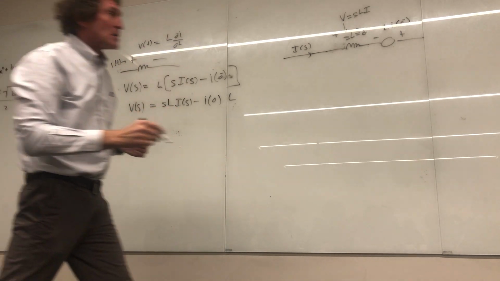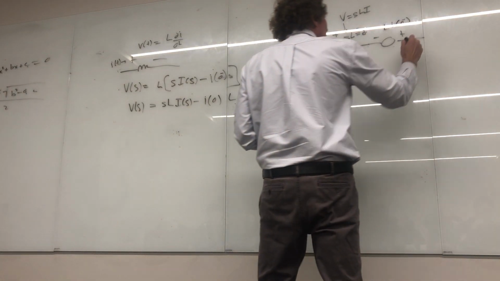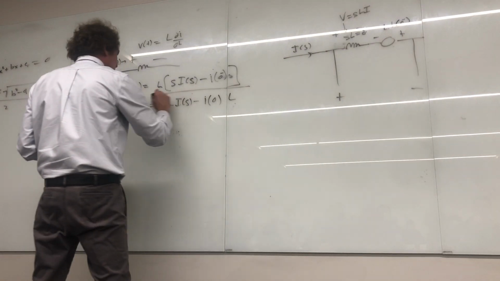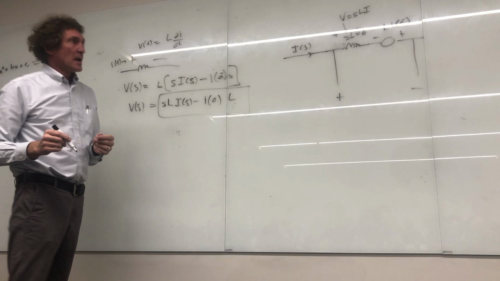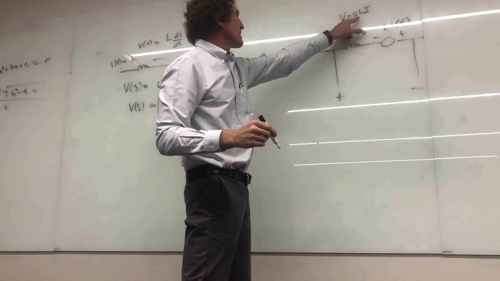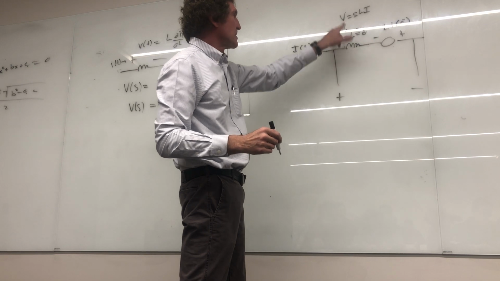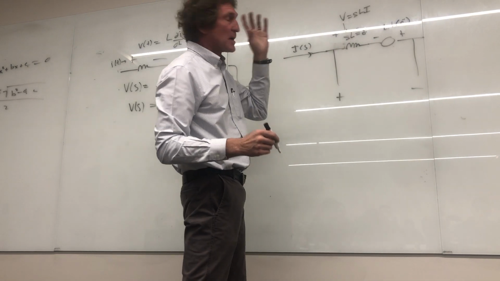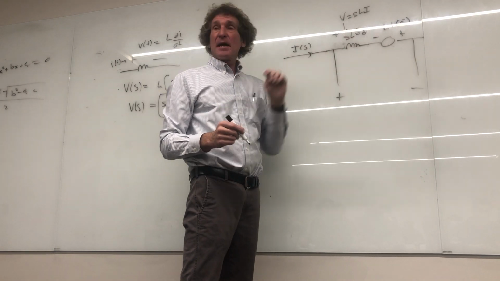All right? So the voltage from here to here is this voltage. And you find it by thinking of this as an impedance right here and multiplying it times I. So the voltage here is sL times I of s plus L times I naught.